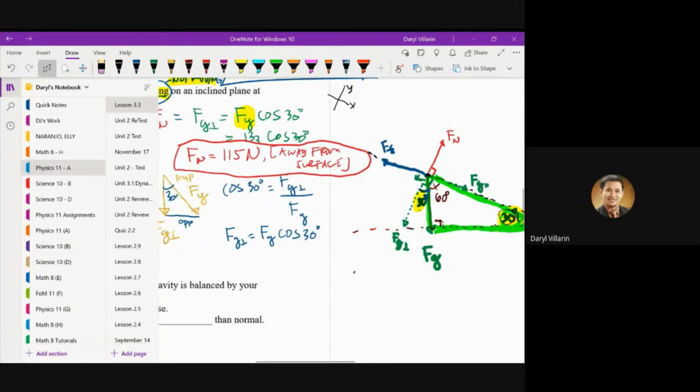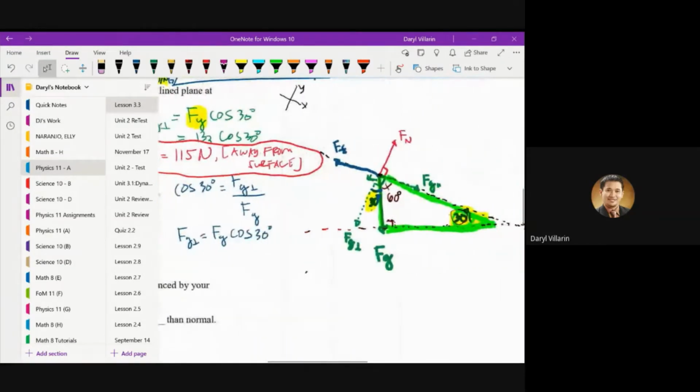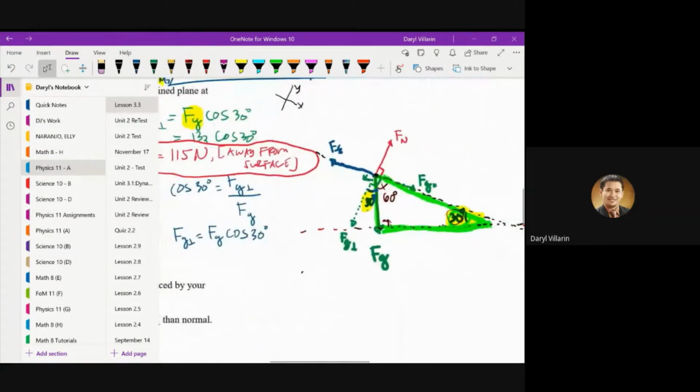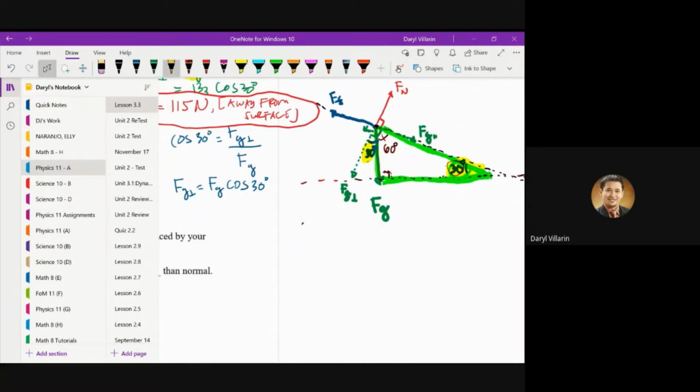So the component of your FG is, again, just trig. Okay, so again, I will have this portion here. If I rewrite that one, that means that my FG is this.